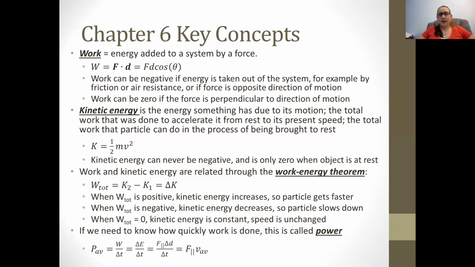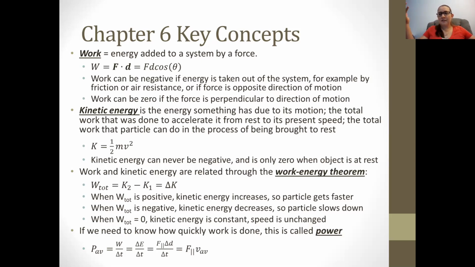So a dot product shows us how parallel things are to each other, how much in the same direction they are. Right? So if our force and our displacement are in the same direction, that means all of the force that we are putting on the object goes to move it in the direction of the displacement.